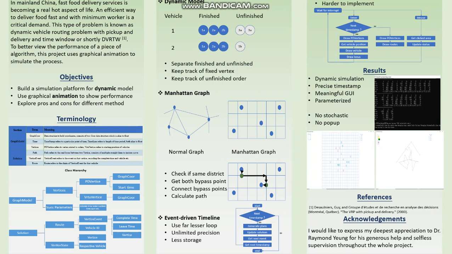The vertex event holds the information of what the vertex is and when the vertex is accessed. So a vertex event notifies when the vertex is accessed by which vehicle. So this vector of routes is the core of solution.